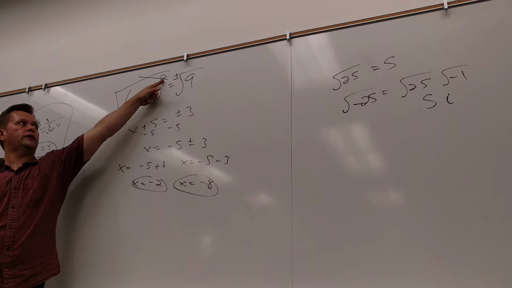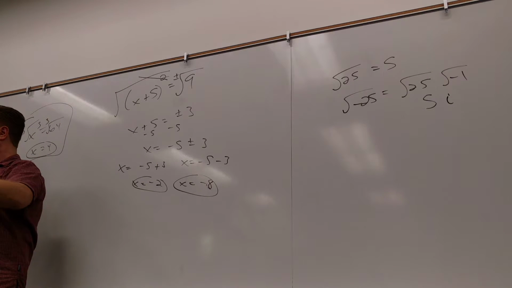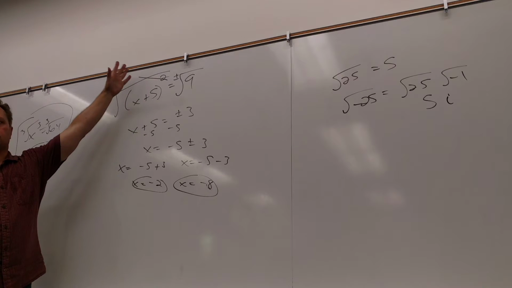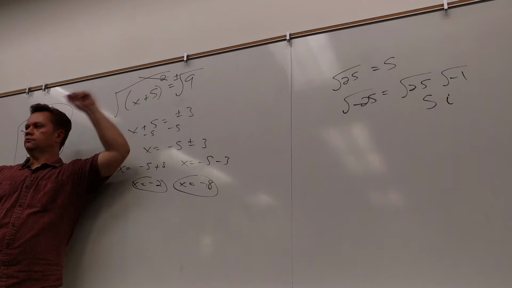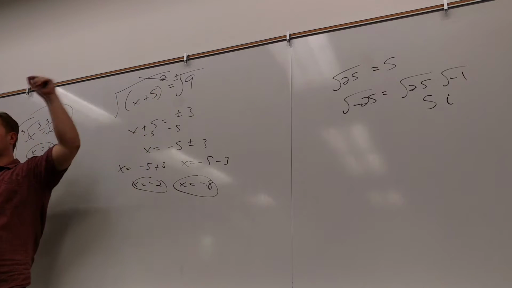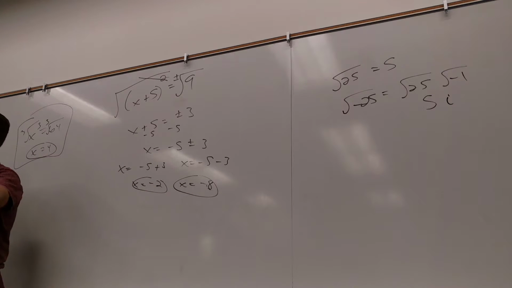I can square anything I want to, but I can't square root anything I want to and have it come out real. You can plug it in to see if it works. Negative 2 plus 5 is 3 squared is 9. Negative 8 plus 5 is negative 3 squared is 9. So it picked up both sides. What do I square to get 9? 3 or negative 3, and that's what those 2 do. Then you get 3 and negative 3 inside.